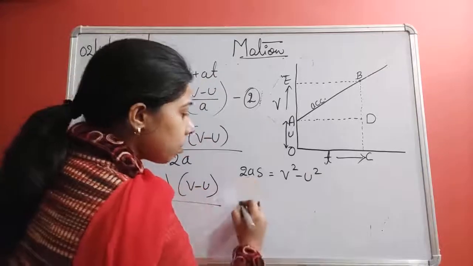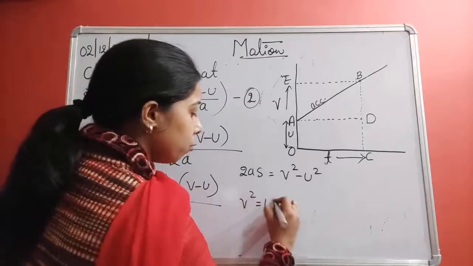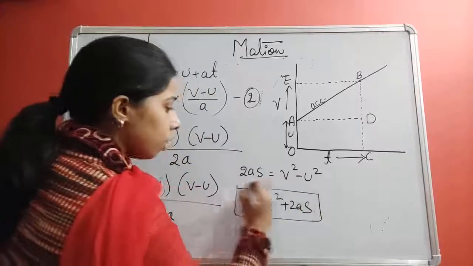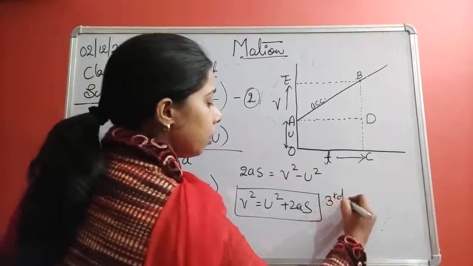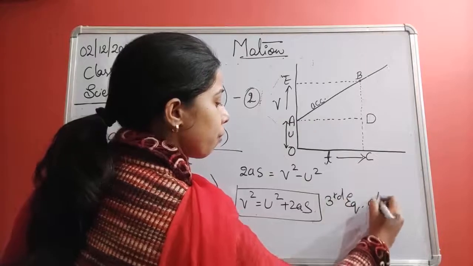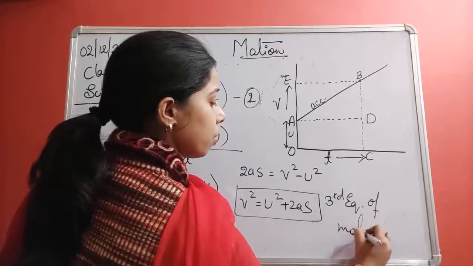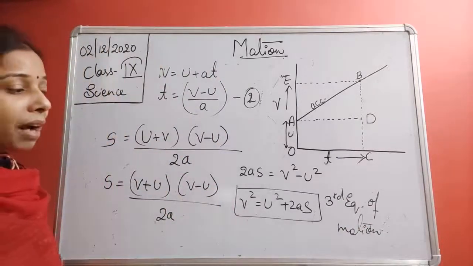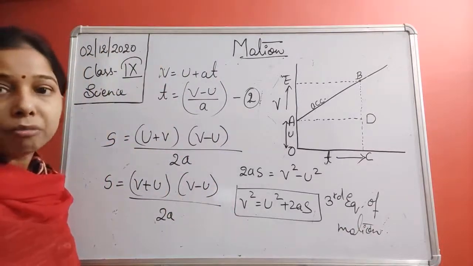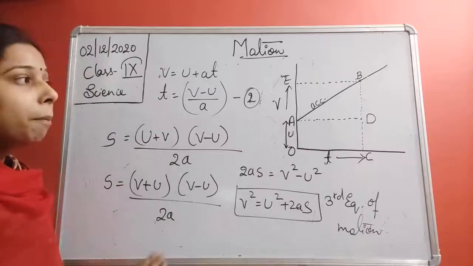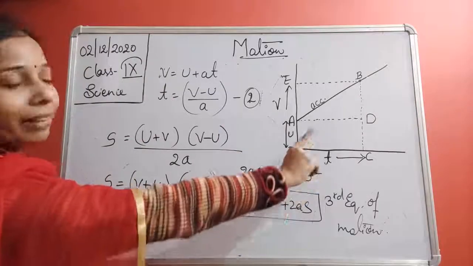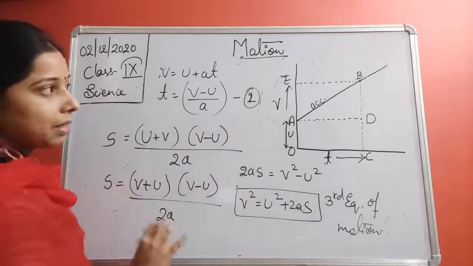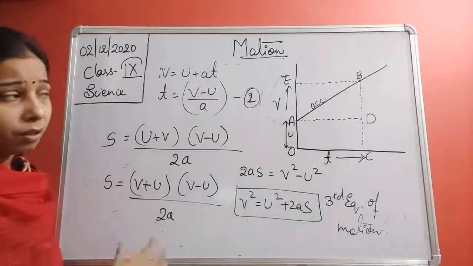We can also write it like v square is equal to u square plus 2as. This is the third equation of motion. So with the help of this graph, we have derived all three equations of motion. This is the graphical method of deriving the equations of motion.